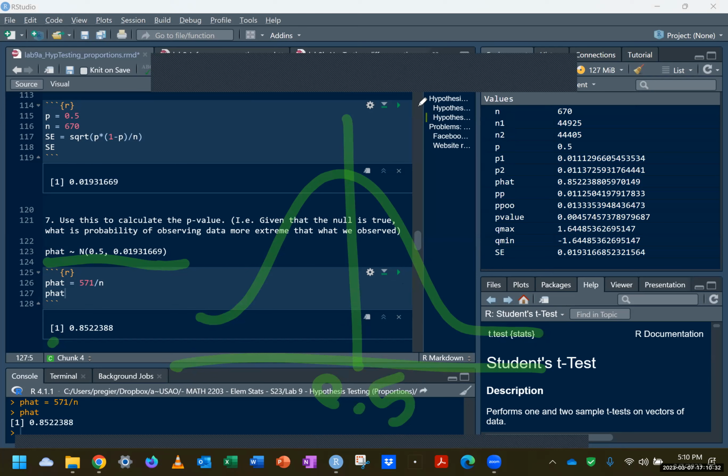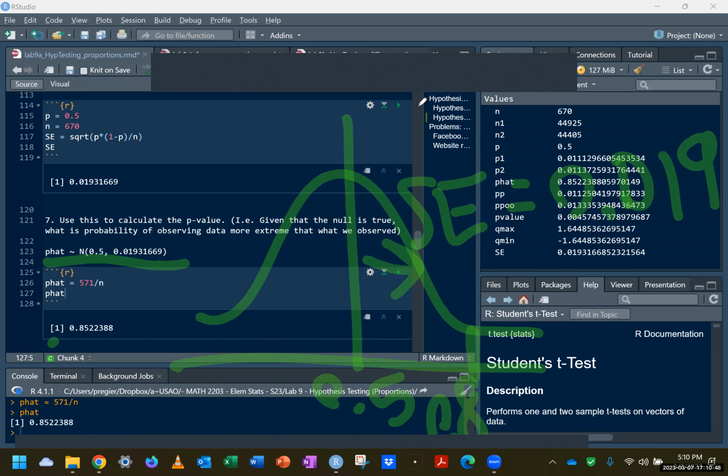It also tells us the standard error is 0.1019. And if we observe this value, 0.8522, the p-value is the chance of observing something more extreme than this. So we want to find an upper tail probability.